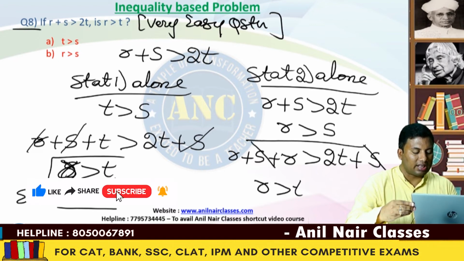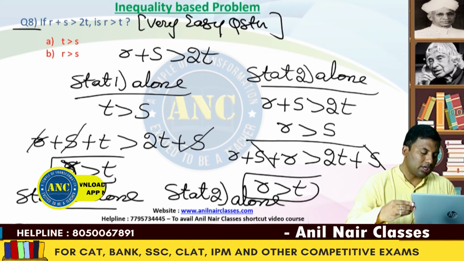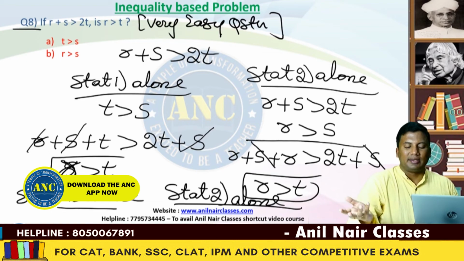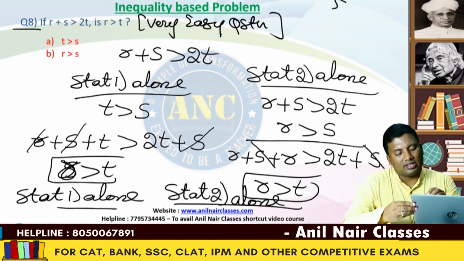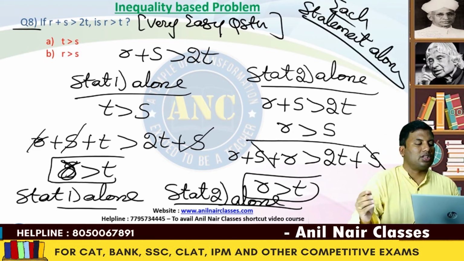Again r is greater than t. So statement 2 alone is also giving it. So the answer for this question is each statement alone is enough to solve this question.